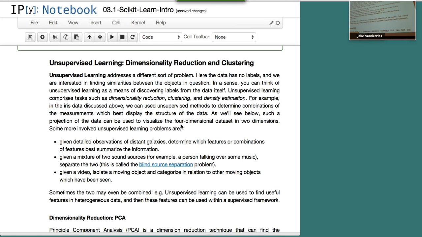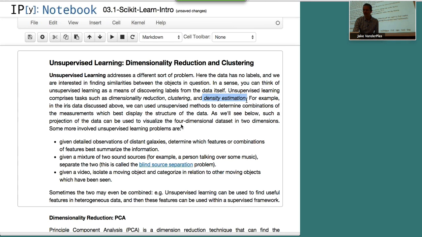If you have 60-dimensional data that you want to view in lower dimensions, you can do that. Clustering, which says maybe if you look at that iris data and you don't have any labels and you just want to know whether there's some distinct species among that data. And then things like density estimation, and this can help with the anomaly detection that we were seeing earlier.